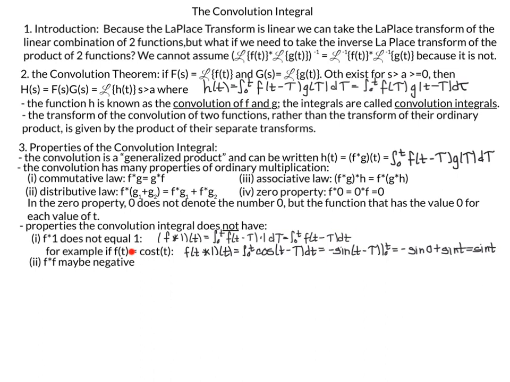For example, if f of t is equal to cosine of t, then we have the integral from 0 to t of cosine of t minus tau, which is negative sine of t minus tau, evaluated at 0 and t, which would give us sine of t. The other property that convolution does not have is that f convoluted with itself may be negative.